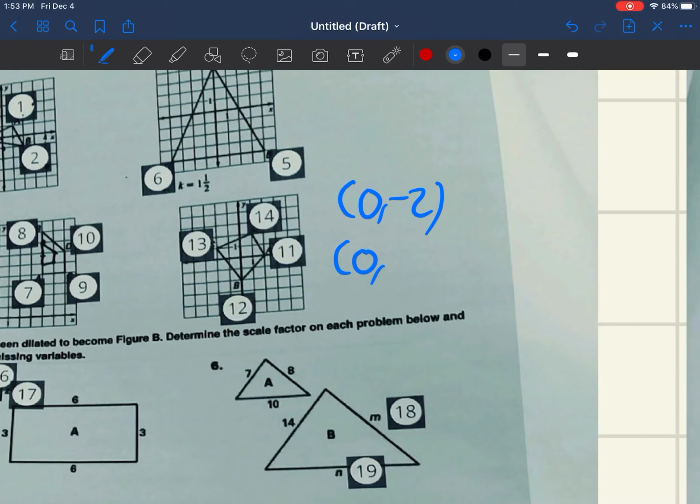And then I have negative 2 times 1.5, and I can just put that in a calculator. It'd be negative 2 times 1.5, which is going to be negative 3. Okay, so the answer to number 12 is 0, negative 3.